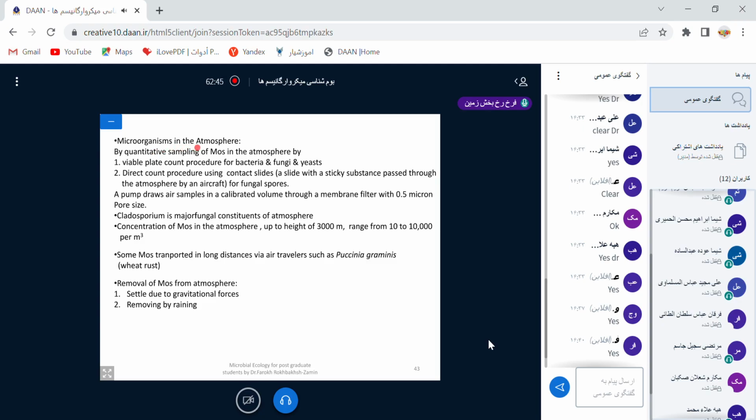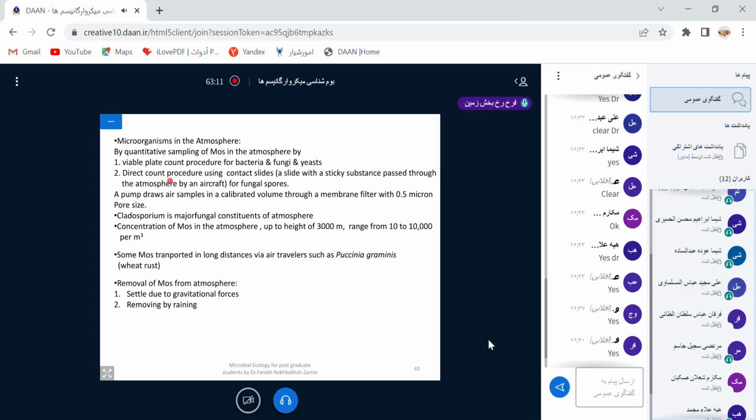Microorganisms in the atmosphere. By quantitative sampling of microorganisms in the atmosphere by viable plate count, using serial dilution, we can count how many bacteria, fungi, and yeasts are present in the air.